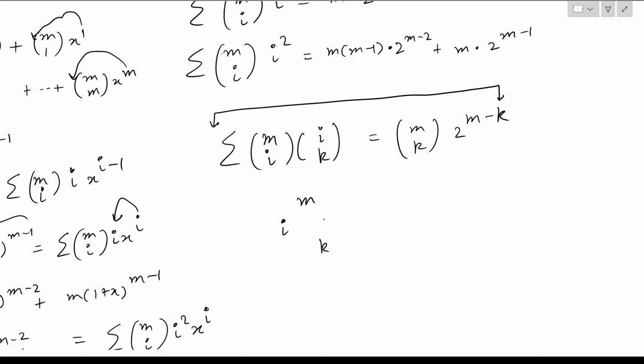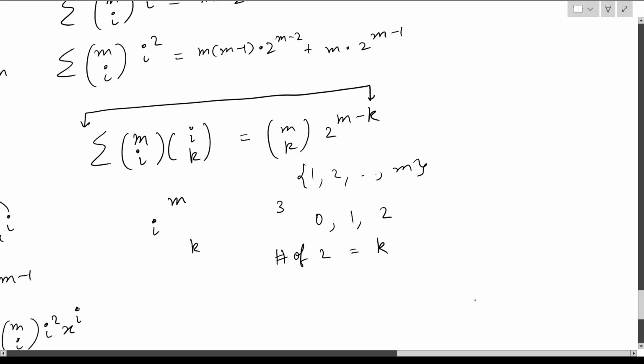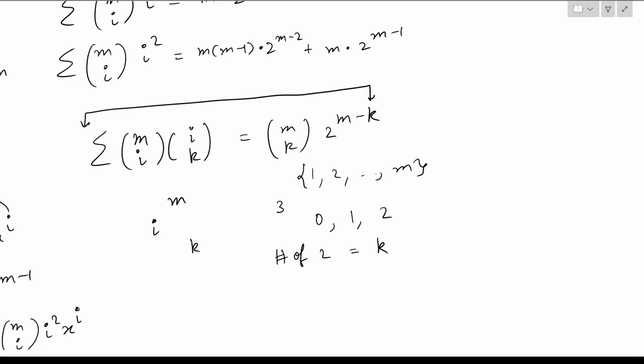So imagine that I was trying to count the number of ways in which I can color elements 1 all the way till m in three colors, let's say 0, 1, and 2, such that the number of elements that are 2 is equal to k. So there are two ways to count this. First is to fix the number of the places that I color 2. That can be done in m choose k ways. And then for each of the other m minus k leftover elements, I have two options: to assign them a 0 or to assign them a 1.